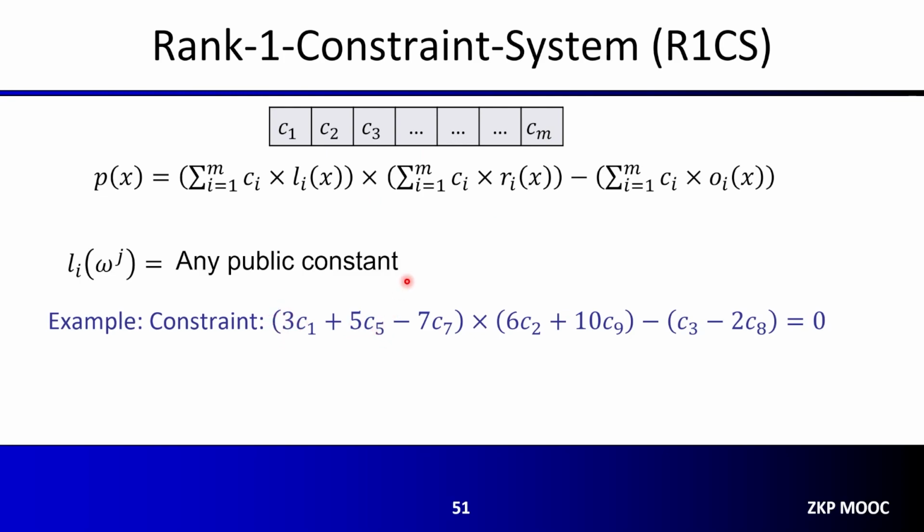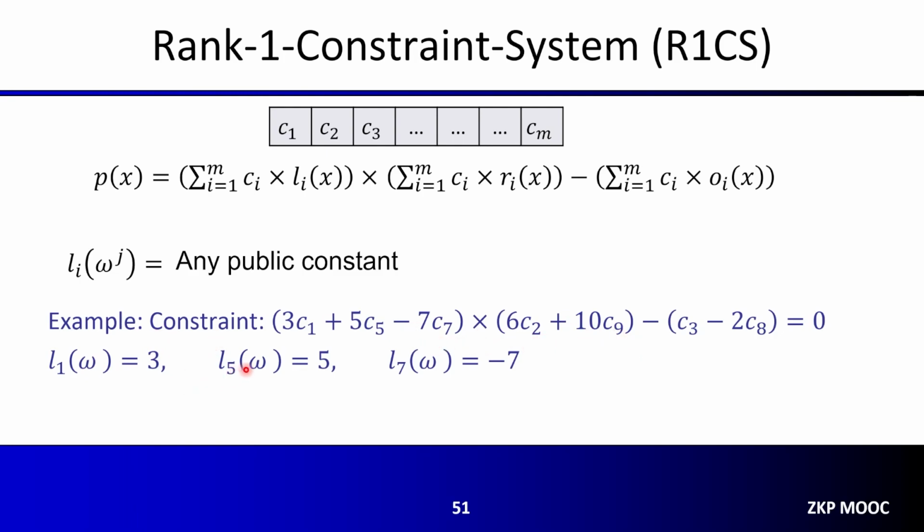And then let's see how we can define the selector polynomials for this type of constraint. By this equation, let's take a look at the first parenthesis. We are summing up Ci times Li(x). So in order to map to this constraint, L1(ω) should equal 3, assuming that this is for the first gate or first constraint.